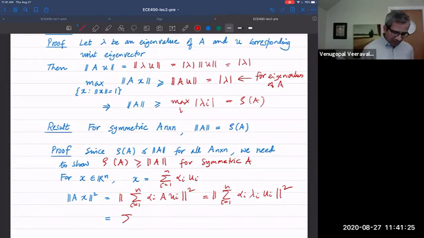So you end up getting a single sum with the squares of alpha_i and lambda_i there.